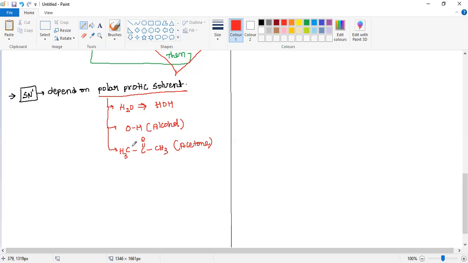Clear? So these polar protic solvents are recommended for what? SN1 reaction.